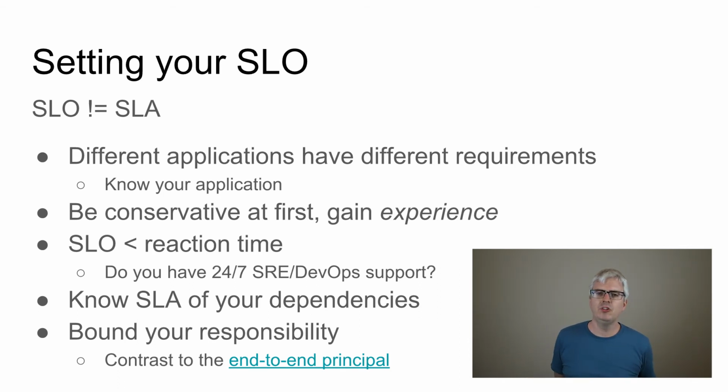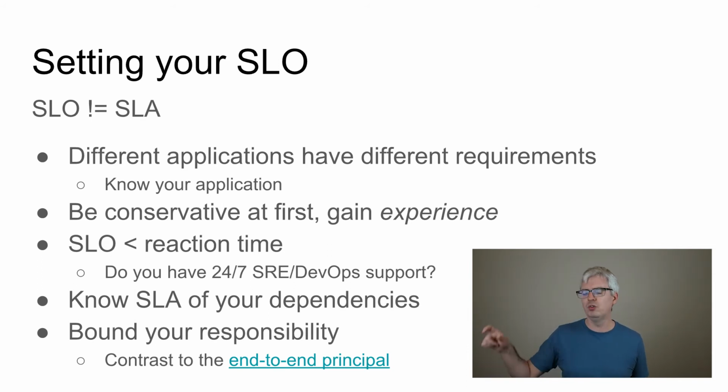And then the other thing you should do is be conservative in bounding your responsibility. Try not to set an SLO that promises things about other people's systems when you don't control the reliability of those other people's systems. Note that this is in stark contrast with one of the fundamental principles of systems design, which is the end-to-end principle. Normally, when we're designing systems, we want to measure the whole system from one end to the other.